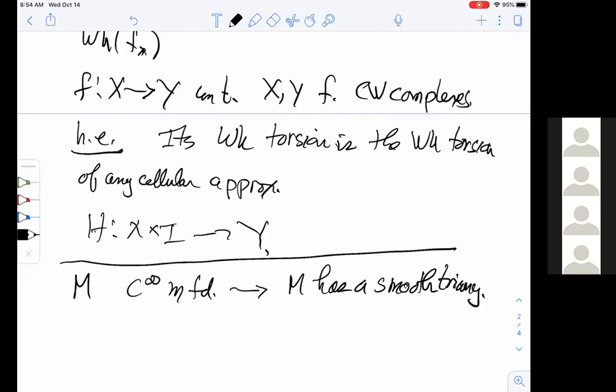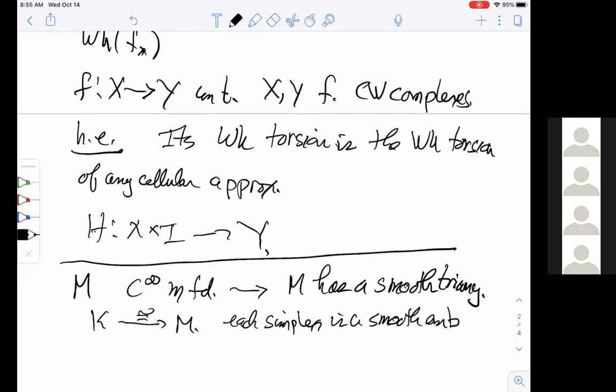That is to say, there's a simplicial complex K and a homeomorphism from K to M such that the image of each simplex is a smooth embedding. It has lots of smooth triangulations. There are many ways to get them.